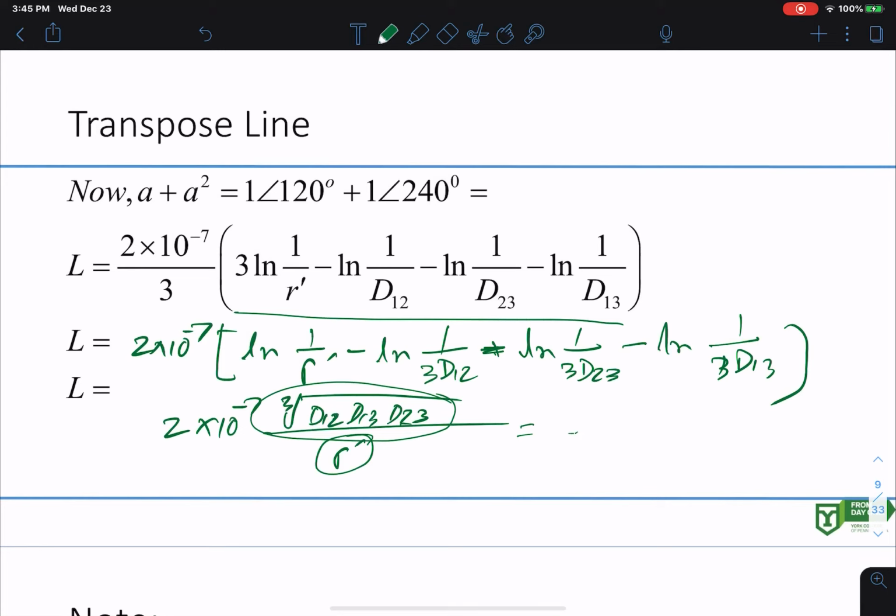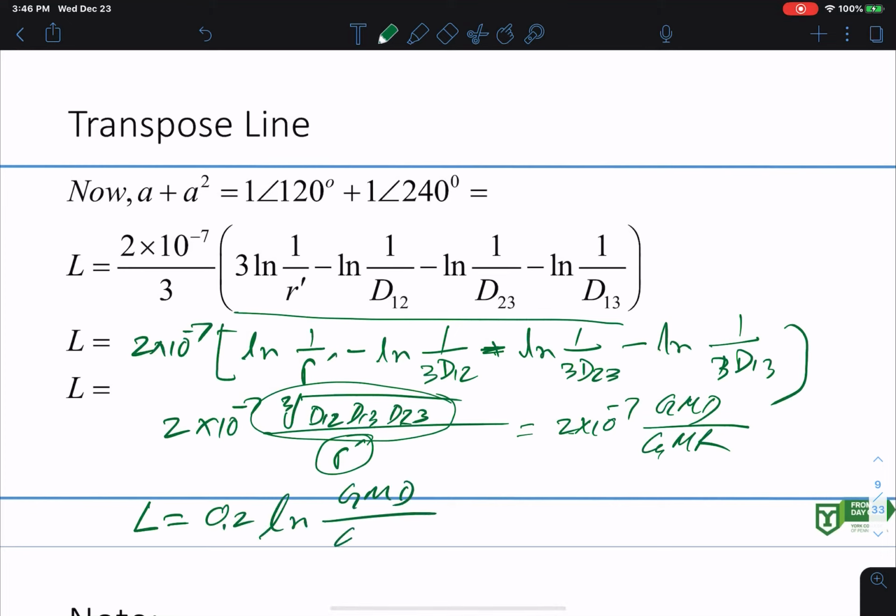So I can simplify this as GMD over GMR. If I simplify even further, 0.2 ln GMD over GMR, that is in millihenry per kilometer.